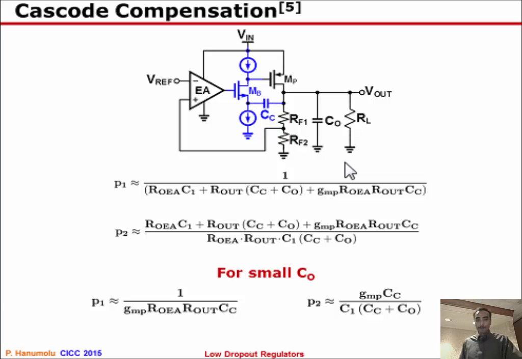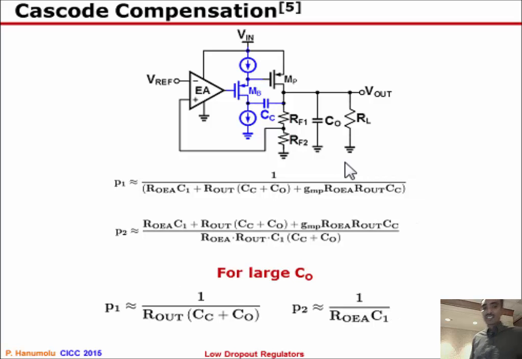And when you keep increasing the output capacitance, the non-dominant pole sitting at the output moves in, and if you keep increasing it higher and higher, then at some point the output pole actually becomes dominant, and in that case the pole frequency is given by this, and the non-dominant pole happens to be at the output of the other amplifier, which is given by this.